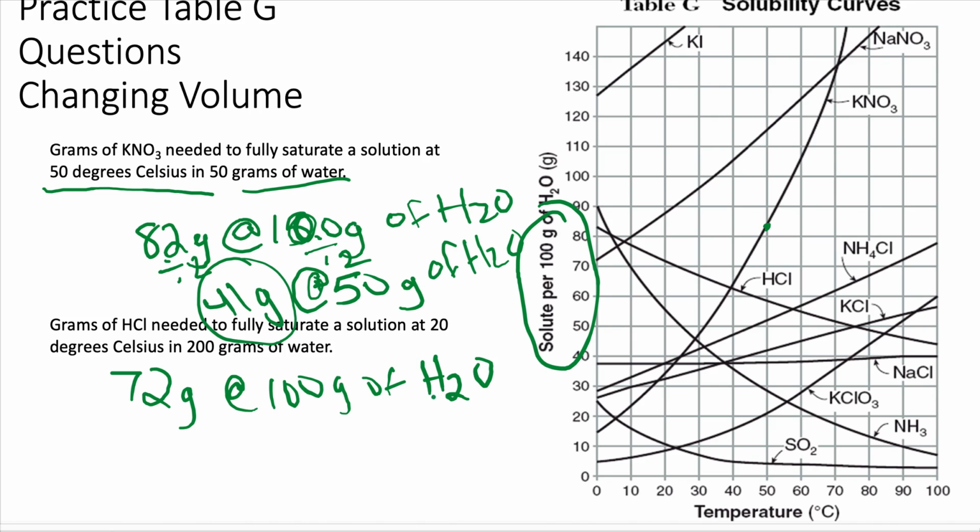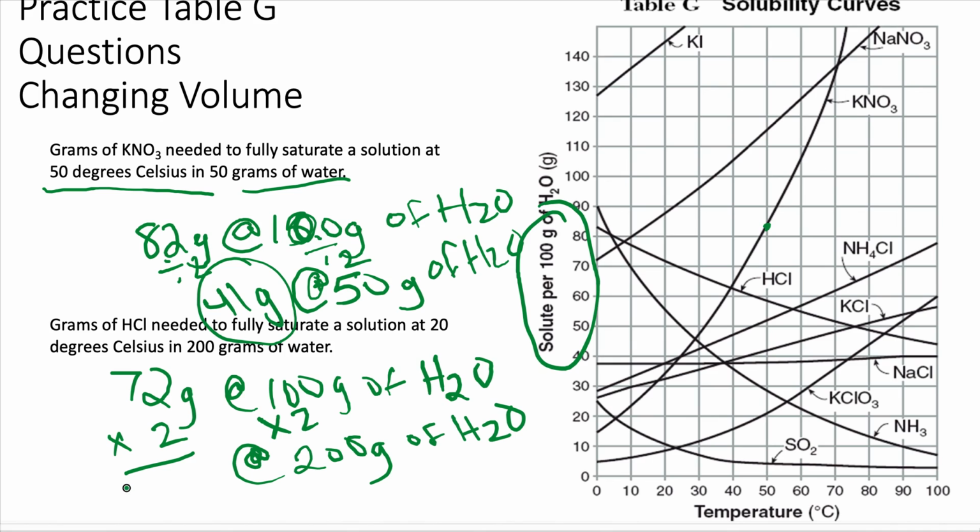So they want to know, if I do 200 grams instead, how much am I going to need? If you do 100 times 2, that gives you 200, then you're going to multiply this by 2 as well. And you're going to get 144 grams. So this is going to be your answer.